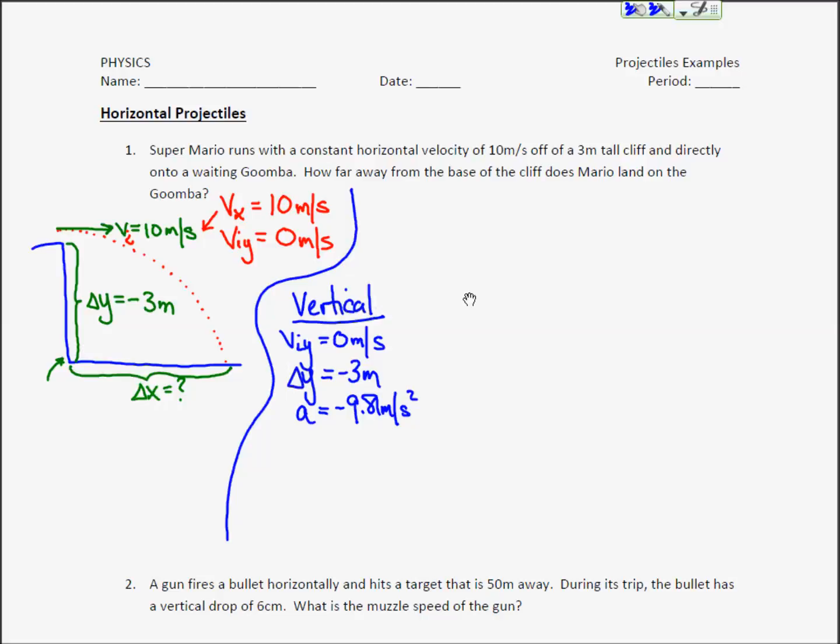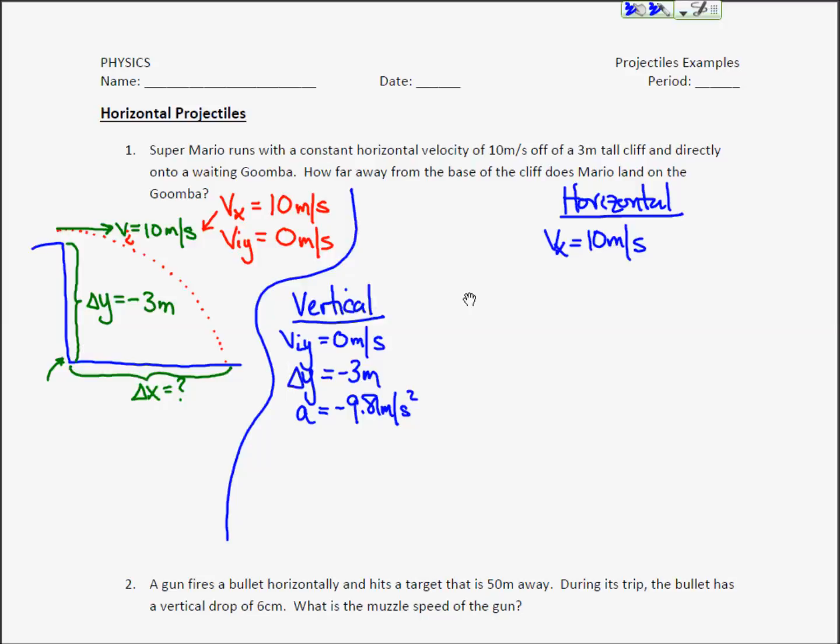I'm also going to do givens in the horizontal direction. In the horizontal direction, the only thing that I know is that I have a horizontal velocity of 10 meters per second. But there's something else that we know here too. In the horizontal direction, things always travel at a constant velocity.